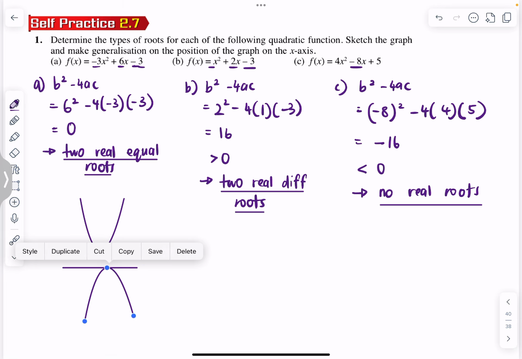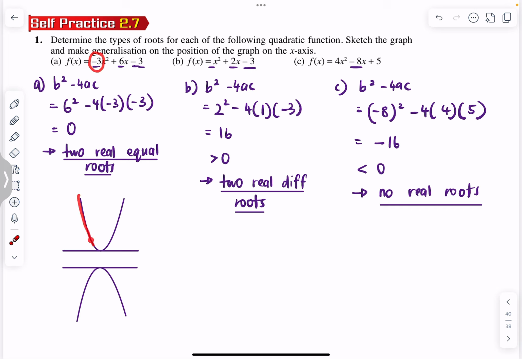So this depends on the value of a. If a is positive, the graph will be a smiley face. If a is negative, the graph will be a sad face. So in this case, our a is negative, so our graph will look something like this.